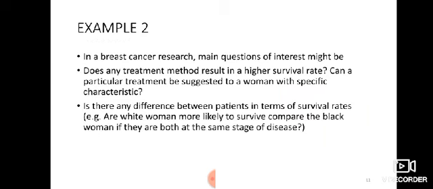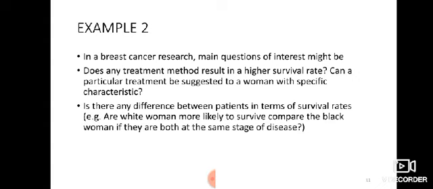Next, when doing breast cancer research, we ask questions such as: does any treatment method result in a high survival rate? Can a particular treatment method be suggested to women with specific characteristics? Is there any difference between patients in terms of survival rate? For example, are white women more likely to survive compared to black women at the same stage of disease?